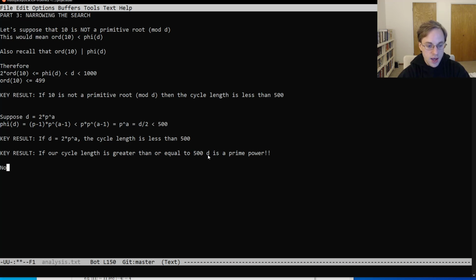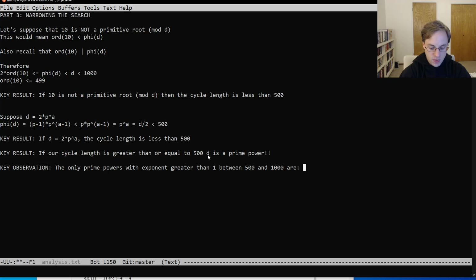And so, we'll say key observation. The only prime powers with exponent greater than 1 between 500 and 1000 are 961, 841, 529, 729, and 625.